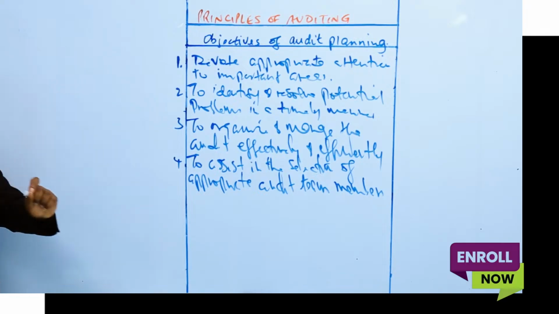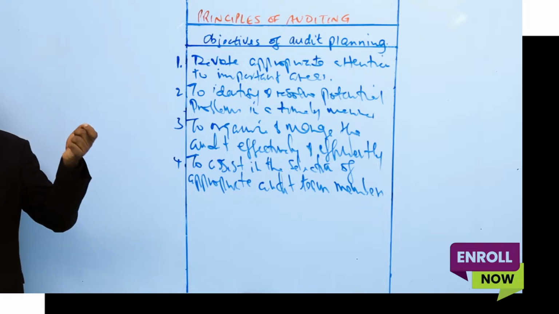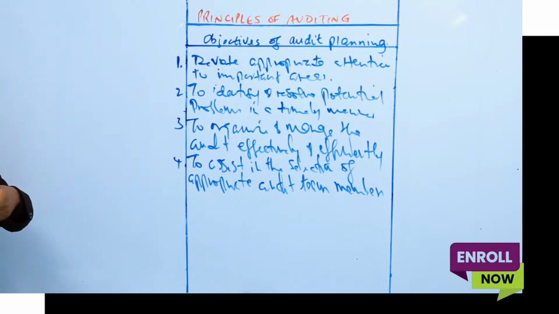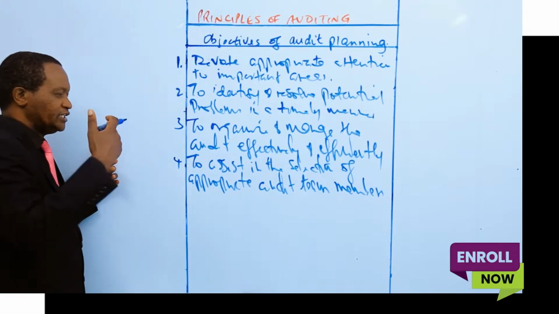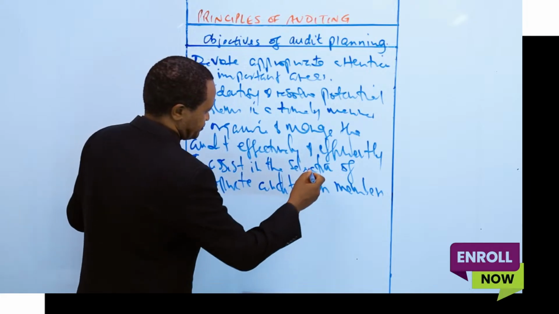So based on the assessed risks, based on the complexity of the client's business and specific areas requiring expertise, planning helps the engagement partner assign team members with the right skills and right experiences to different parts of the audit. And that ensures that specialized areas are handled by individuals who are qualified.